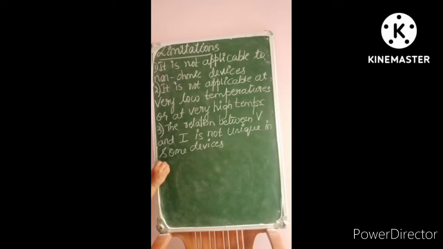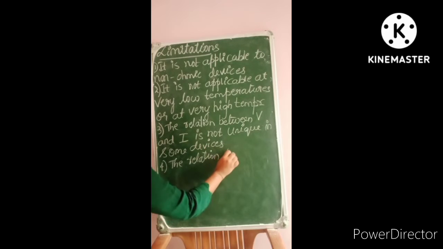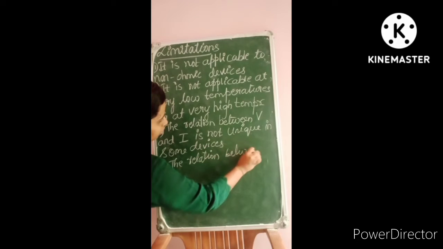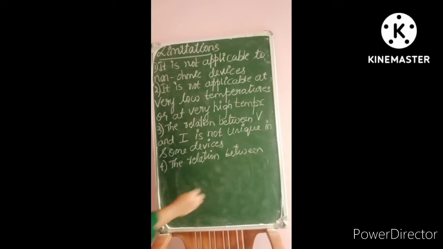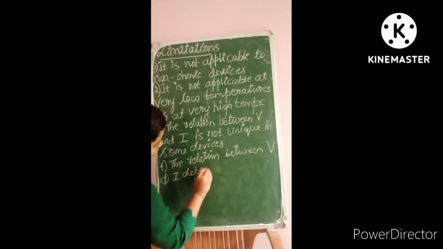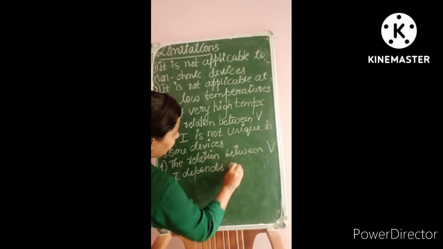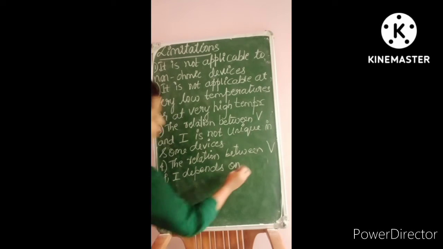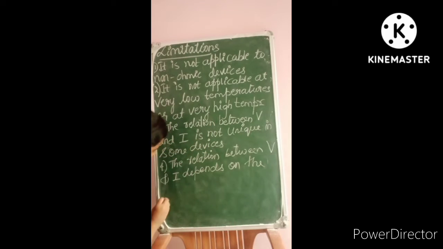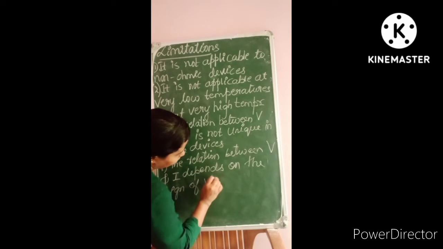The fourth limitation is that the relation between V and I depends on the sign of the voltage.